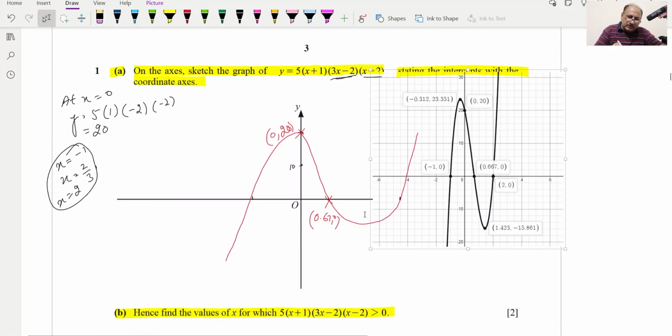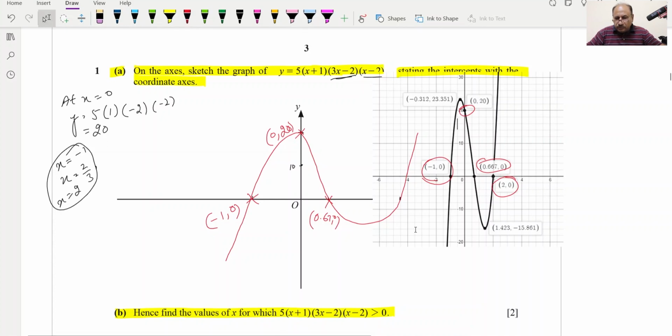Basically, this intercept we missed, we have to show this y-intercept also, and minus 1 and 0, 2 and 0, and this point and this point. You will have to show these 4 points.